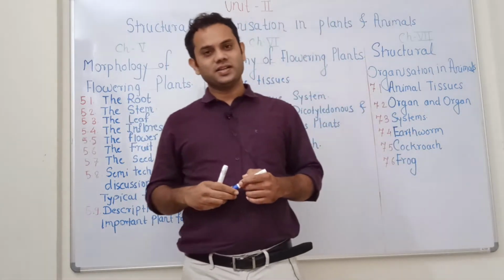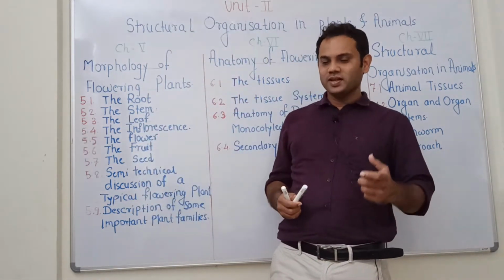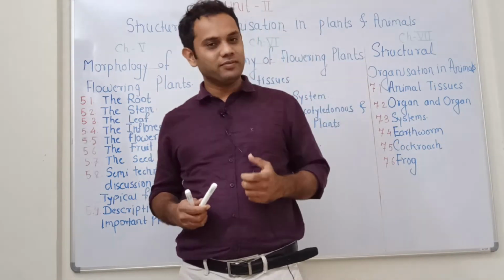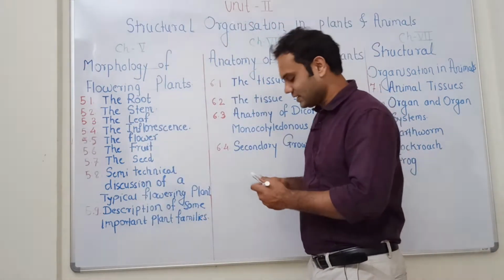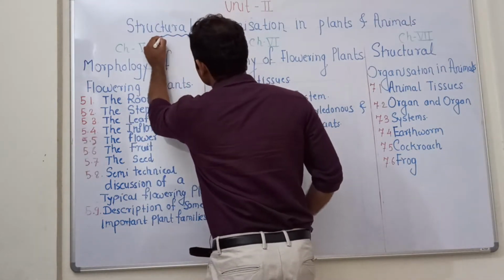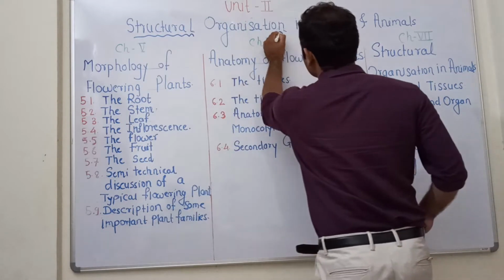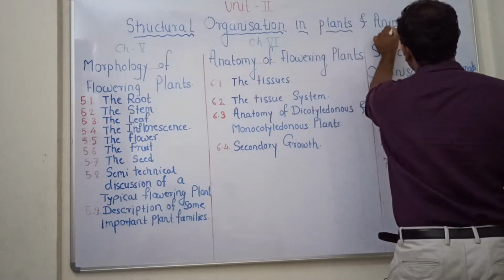In the earlier lecture, we discussed unit number one, the diversity in the living world, and in this lecture we will be discussing the second unit, that is structural organization in plants and animals.